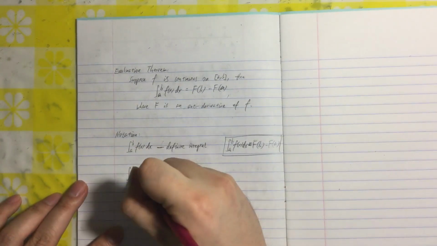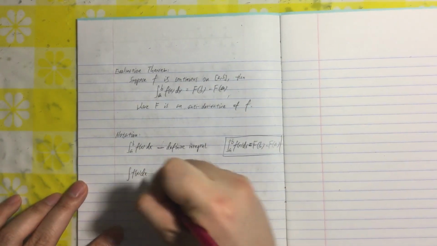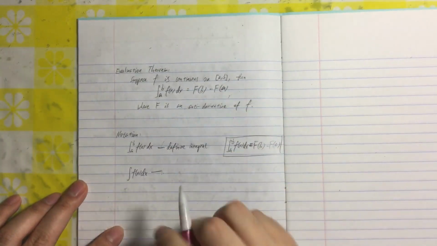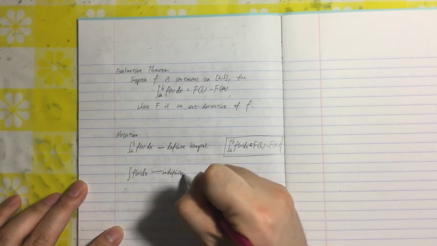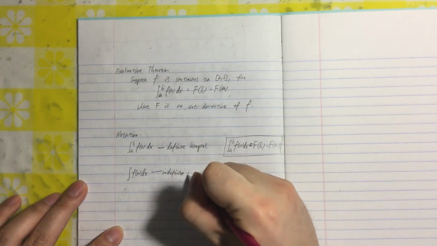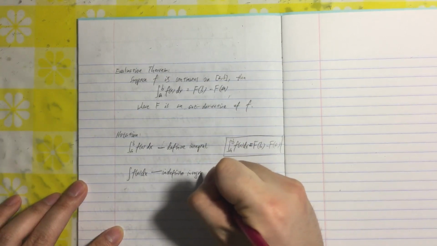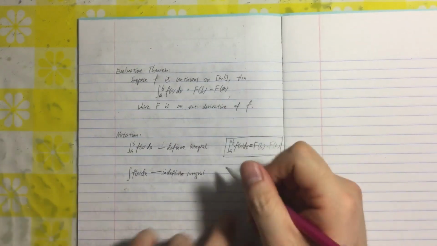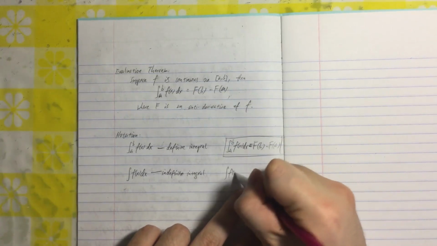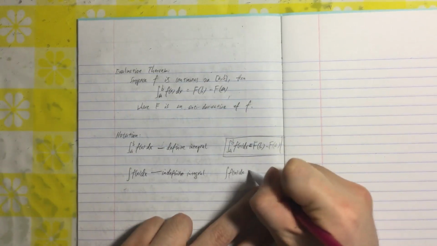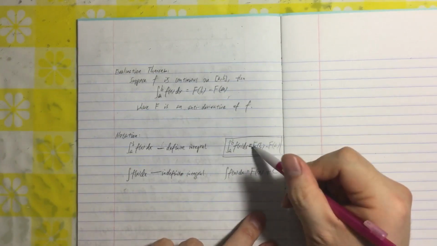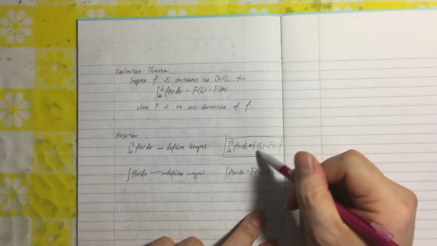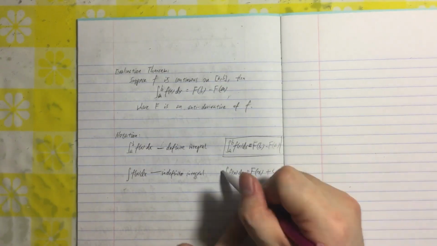The integral without limits, f of x dx, is called the indefinite integral. The indefinite integral of f of x dx equals big F of x plus c, where in both expressions, big F is the antiderivative of small f.